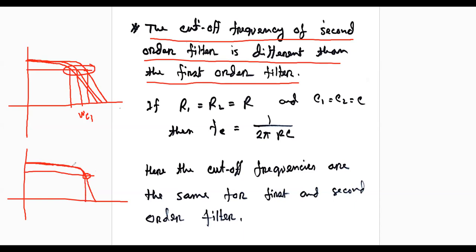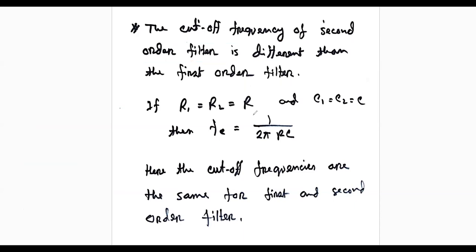We want to make the cutoff frequency constant. That is one of the prime targets in designing a filter. If the cutoff frequency changes, that makes a problem, and this is due to the passive elements in the filter.